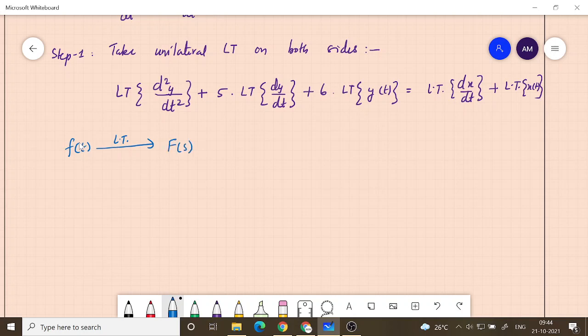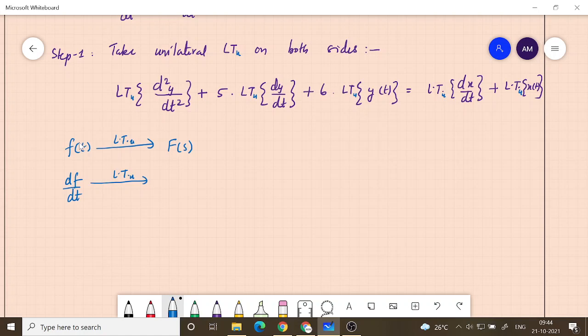Okay, so if f of t has a Laplace transform F of s, then the question is, what is the Laplace transform of df by dt? We are particularly looking at the unilateral Laplace transform. If you want, you can denote everywhere with a subscript u, which represents the unilateral Laplace transform. The bilateral Laplace transform we usually don't prefer in solving this kind of problem.